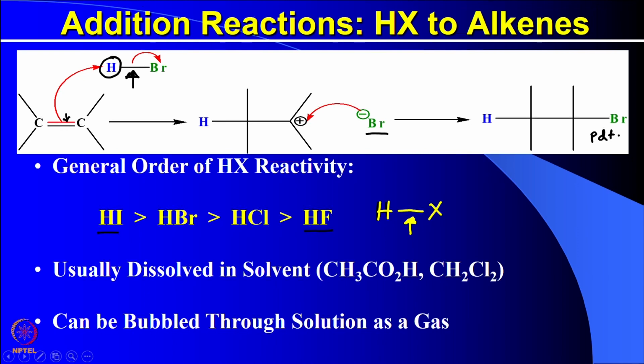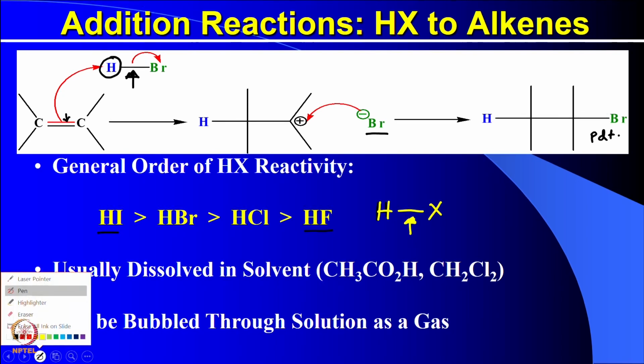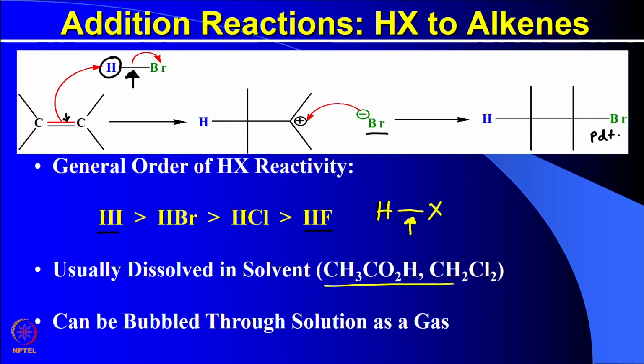So this sigma bond is first broken and the proton is added to one of the carbon atoms and bromine is released as Br-. Usually we do this reaction dissolved in some solvent. Sometimes it is possible that the HX is bubbled through a solution of alkene.